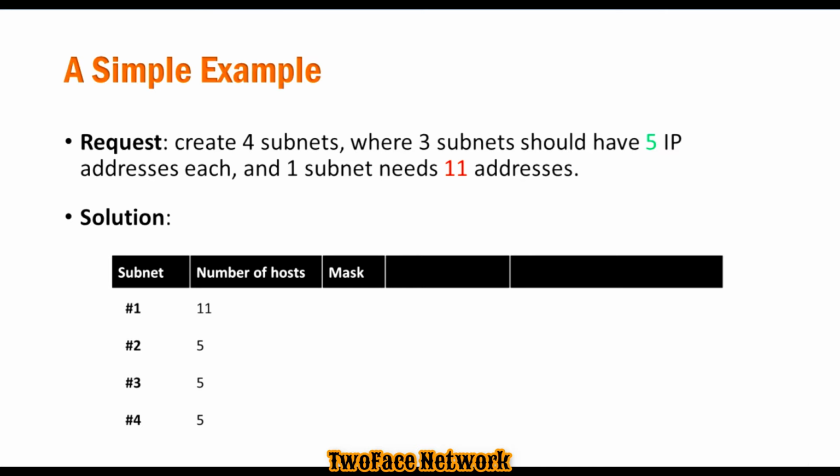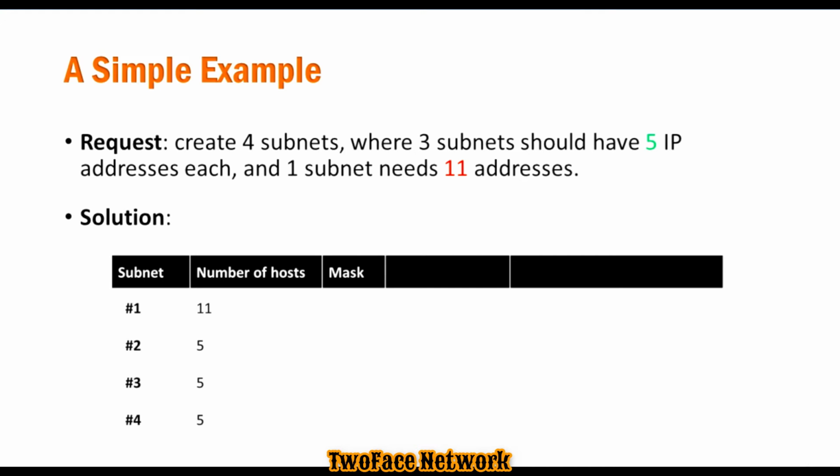For 11 addresses, we're going to need 4 bits. 2 to the power of 4 is 16. If we used 3 bits, that wouldn't be enough. 2 to the power of 3 is 8. So that's not enough for our largest subnet.